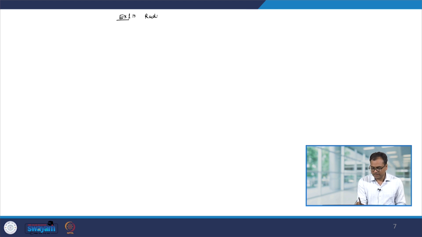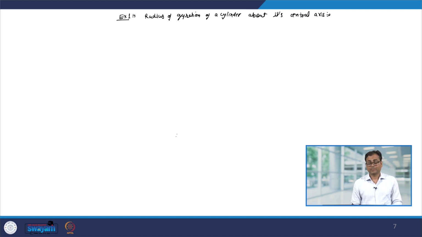So, radius of gyration of a cylinder, let us say about its central axis. Okay. So, we have a cylinder and this is the central axis, let us say OO prime.